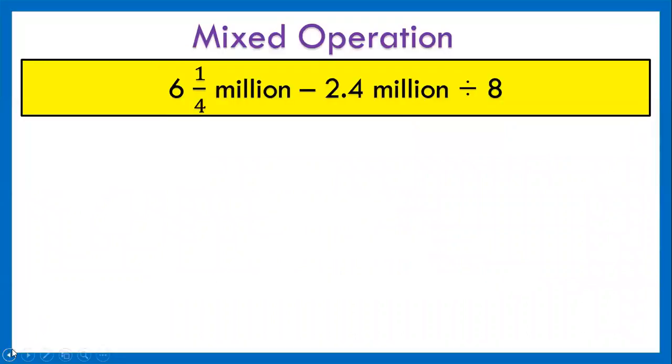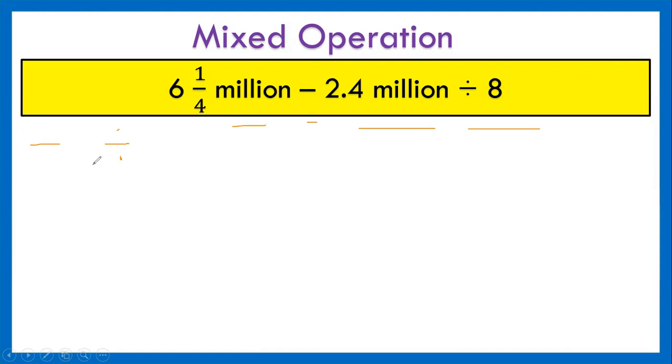Over here, there is no bracket for us to work. Obviously the question doesn't have a bracket. You don't see any bracket. So read the question. 6.25 million minus 2.4 million divide by 8. So here we have subtraction and division. Which should we do first?